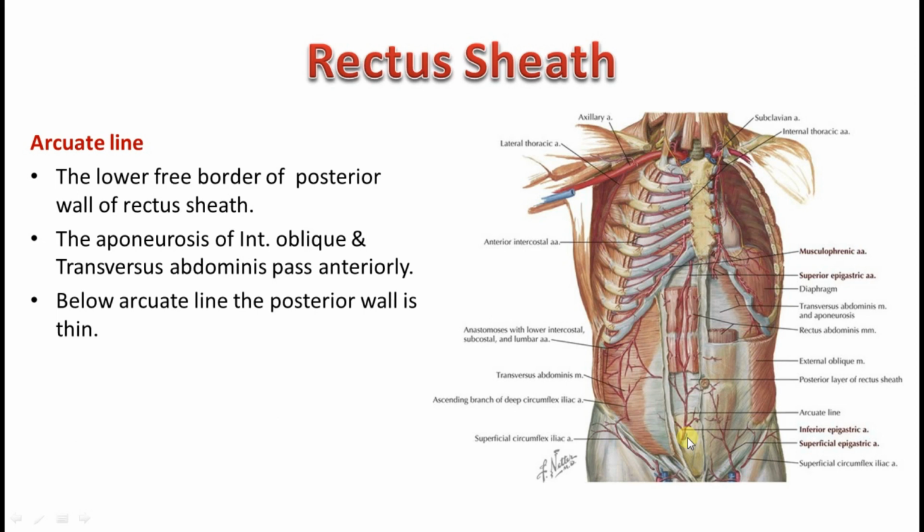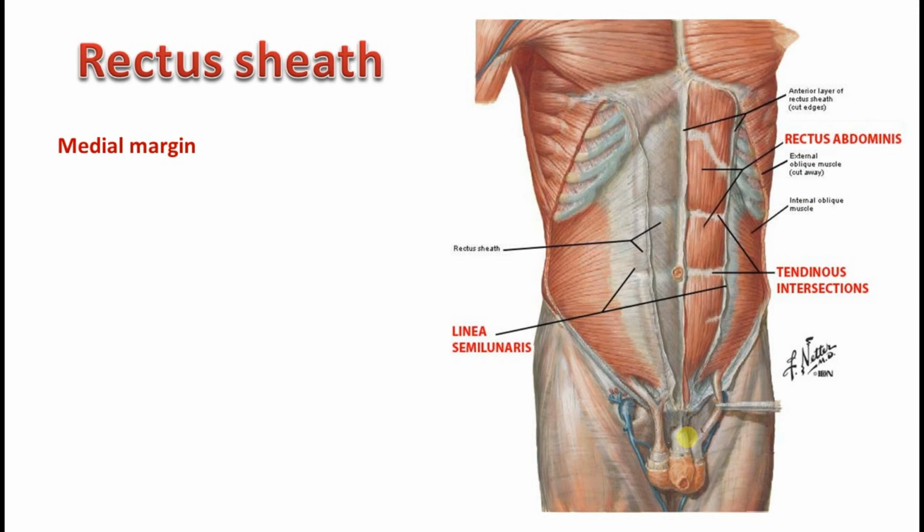And that fascia transversalis is also thickened at this region and it is called the iliopubic tract. That part of the fascia transversalis which is somewhat thicker is actually called the iliopubic tract. So we have discussed the composition of the rectus sheath, the anterior wall and the posterior wall at 3 levels.